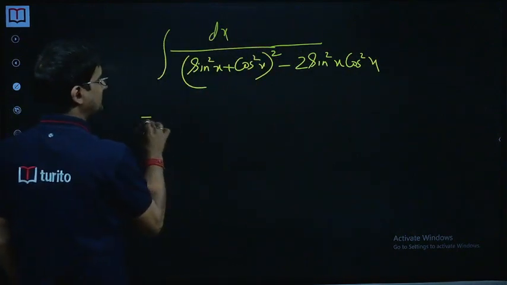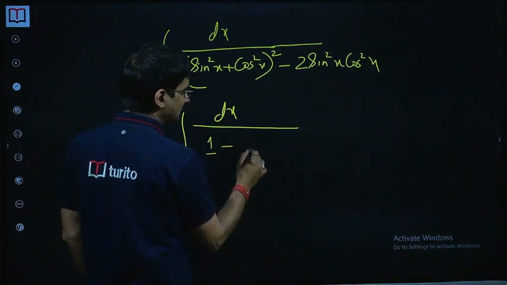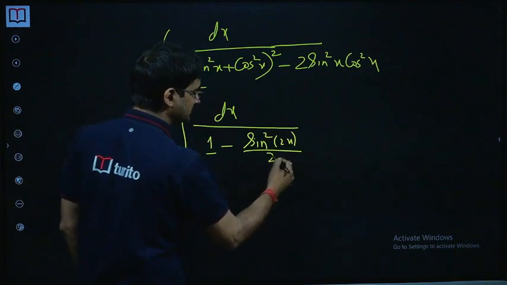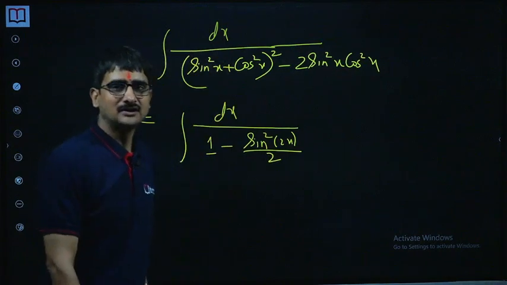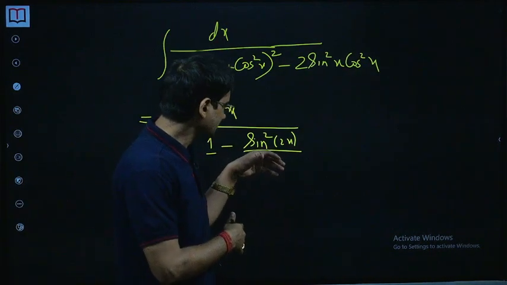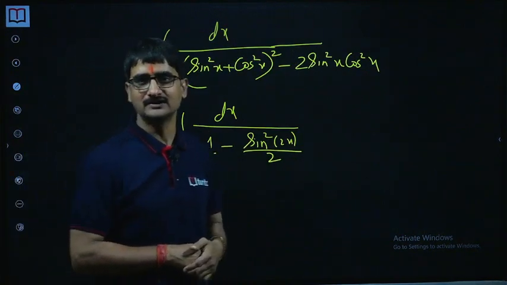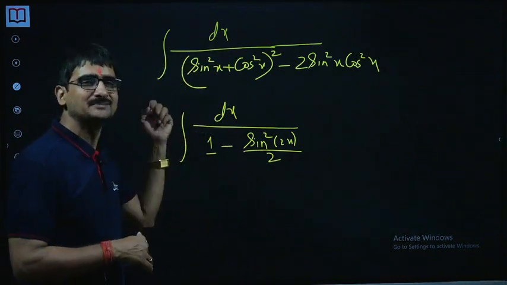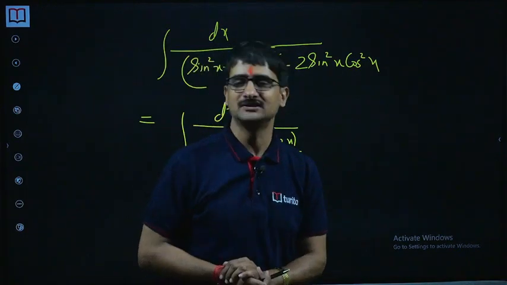Now this is nothing but dx upon 1 minus, and then you can write it as sine square 2x by 2. This is what you can try here. Now again you can convert it to tan, that's one thing, writing it as 2 tan x upon 1 plus tan square whole square, or you can divide again by cos square, because you have a combination of even powers of sine and cos in the denominator.